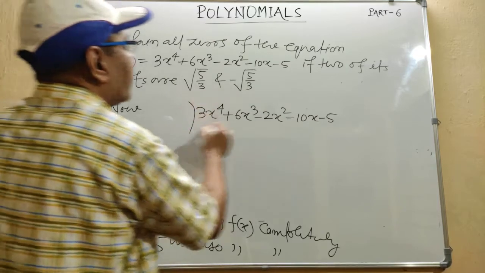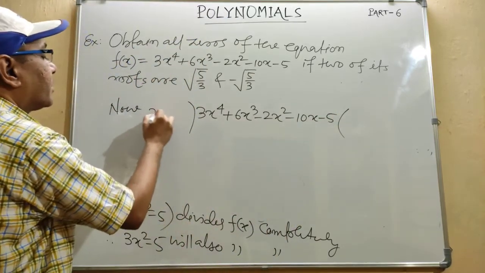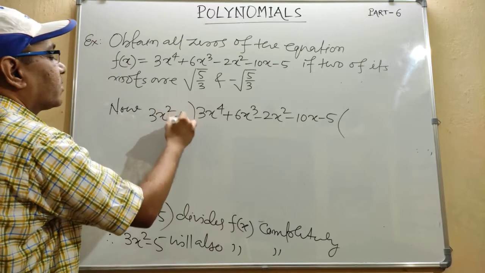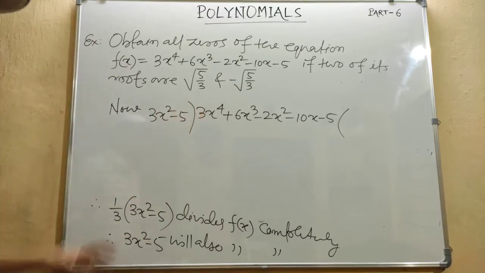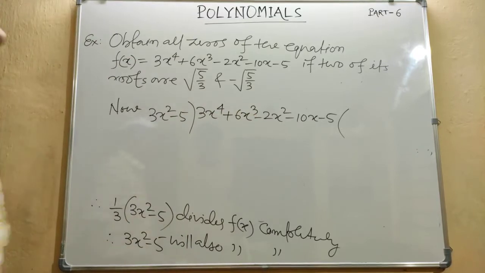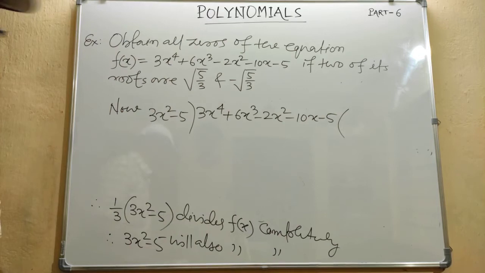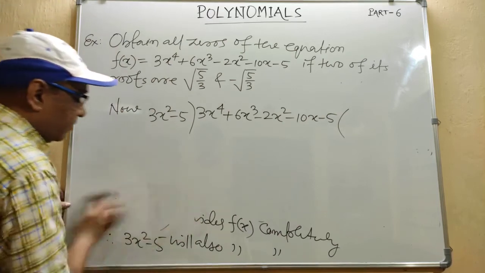Now we divide this by 3x square minus 5. This will divide it completely, meaning remainder will come 0. You have to find the quotient. What will come as the quotient? Let us find the quotient now by dividing.